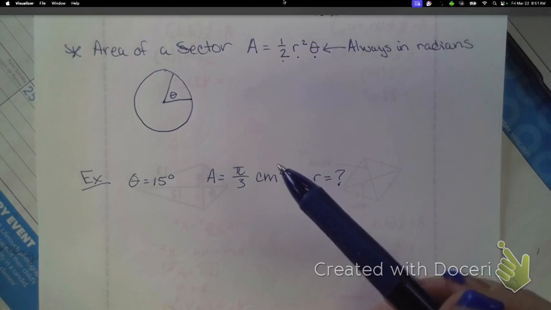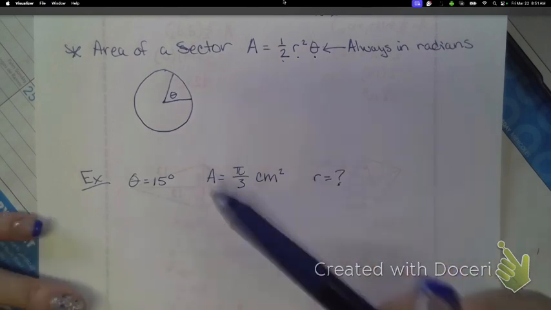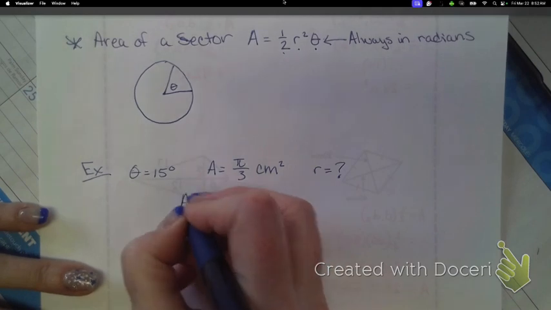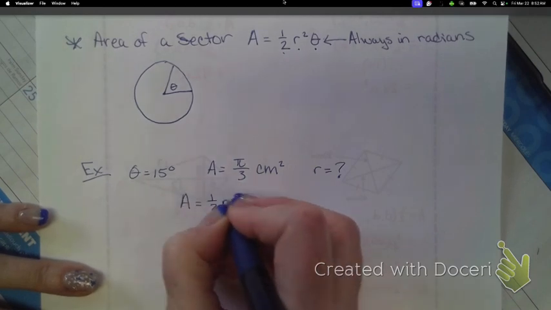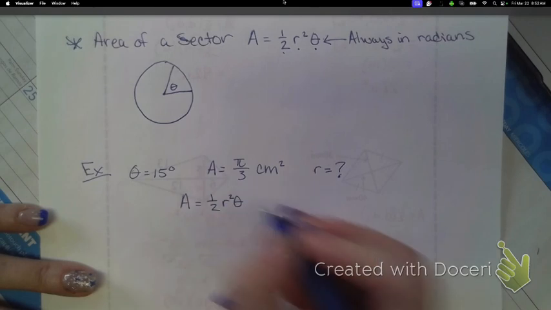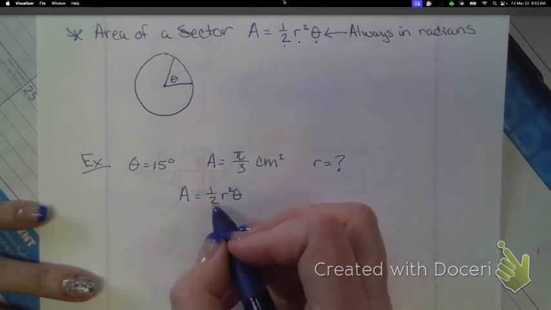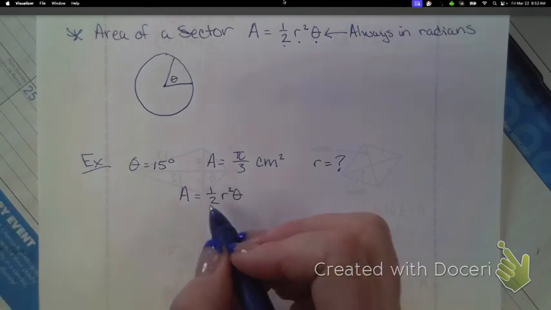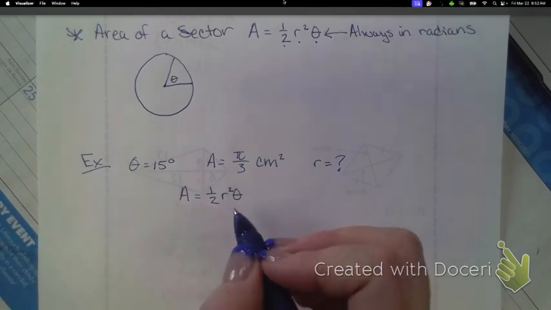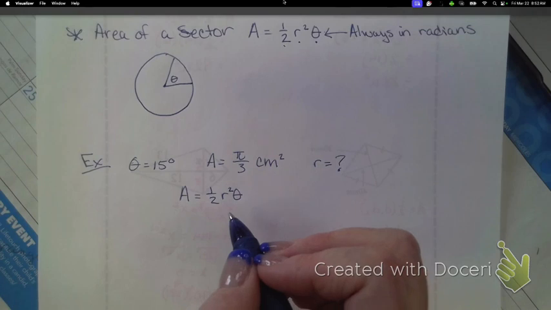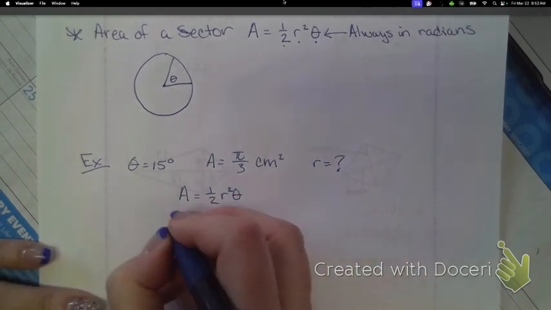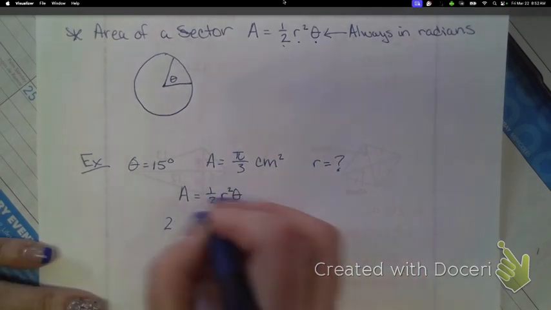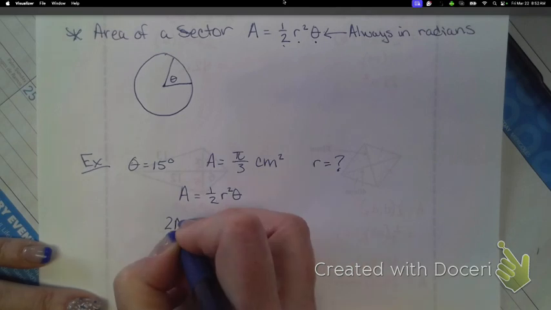Okay. So if I have area equals 1/2 r squared theta, how do I move the 1/2 over? Multiply by 2. There's no addition or subtraction, you can't, unless you're doing the whole thing.